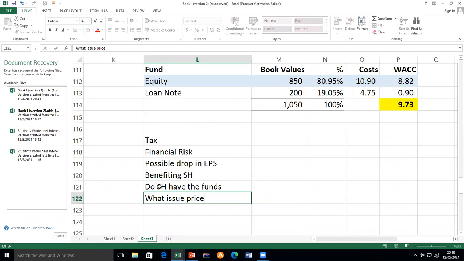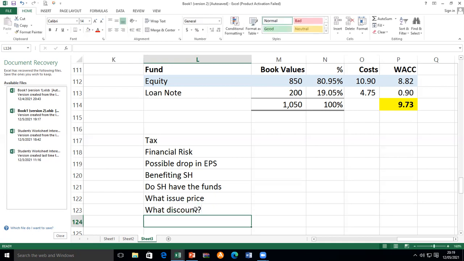If you charge a very high issue price, that's an issue. What discount are you going to give? The tax issue, there's no tax benefit. Financial risk is not increased, it's maintained. The EPS may drop. So you need to consider these factors.